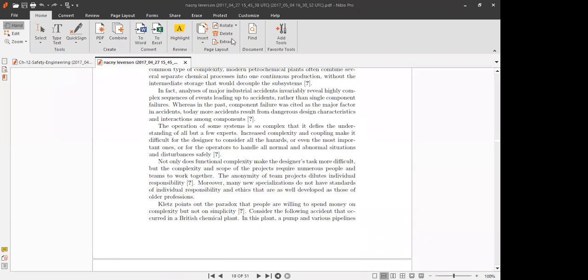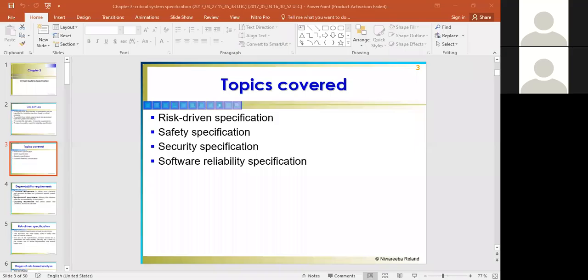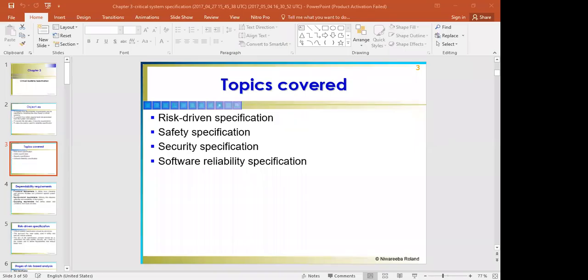They keep on changing. I believe you have the textbook. Let me just put back the other. Yes, I believe you have the textbook. That's the one which I'm referring to.